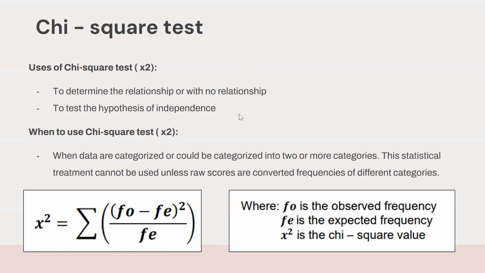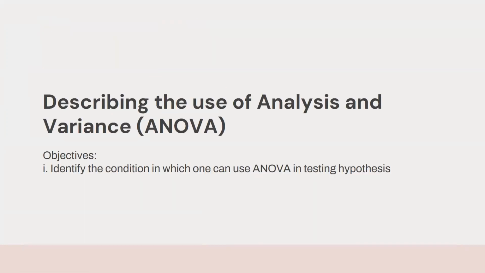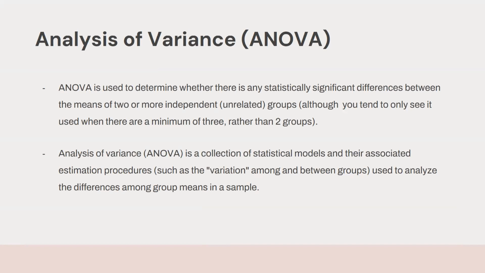And now let's move on with ANOVA. ANOVA is short for analysis of variance. Okay? Analysis of variance or ANOVA is used to determine whether there is any statistically significant differences between the means of two or more independent or unrelated groups, although you tend to only see it used when there are a minimum of three rather than two groups.